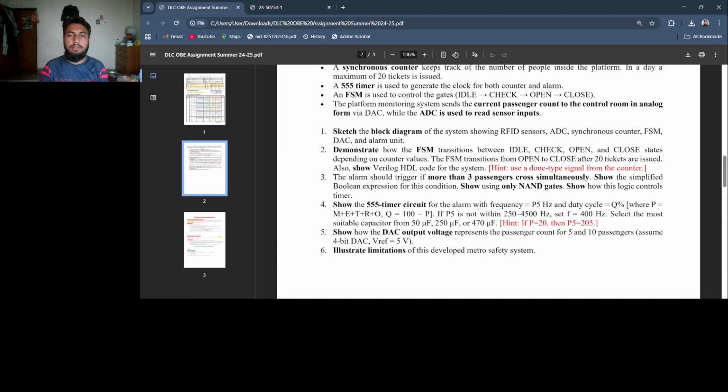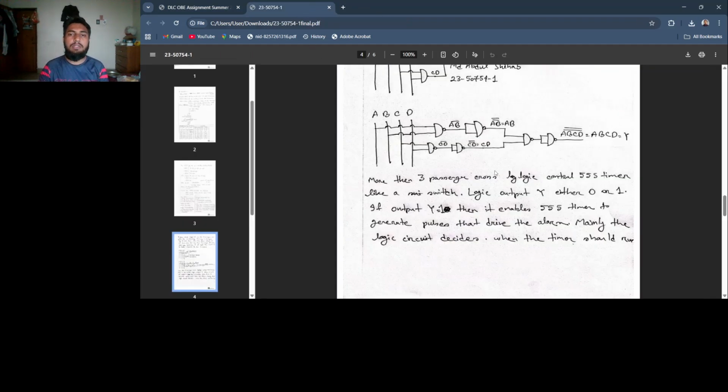And there is a question: show how the logic controls the timer. This logic shows either 1 or 0. If three persons cross the line, then it gives me 1. It means the alarm is beeping, or if they don't cross, then 0.